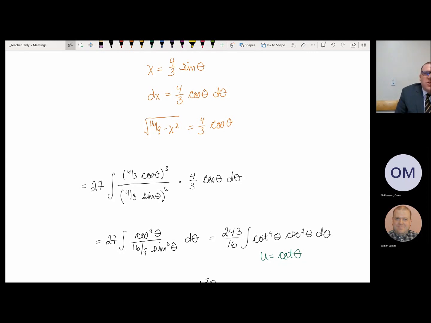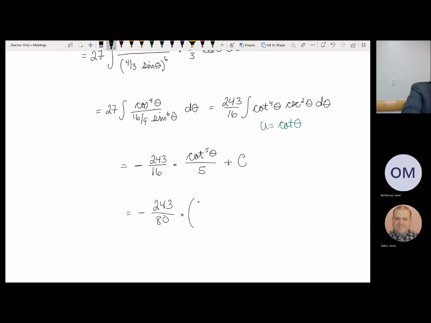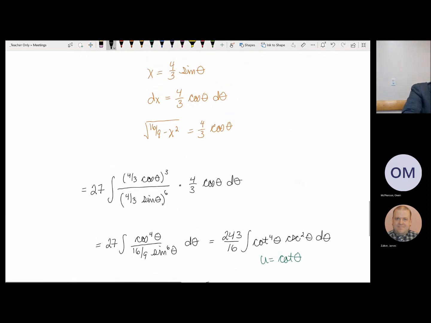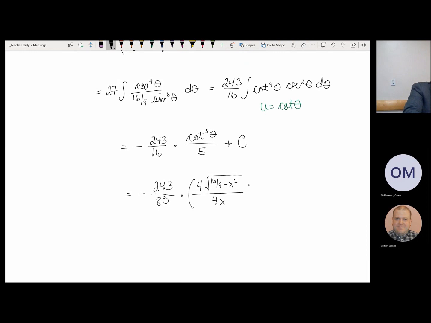So all we're going to cancel out is a 1/3 from the numerator and the denominator. It is 4x, and that is being raised to the 5th power.